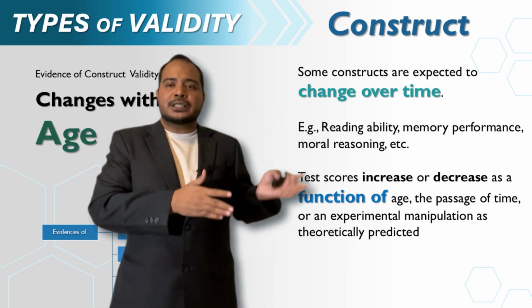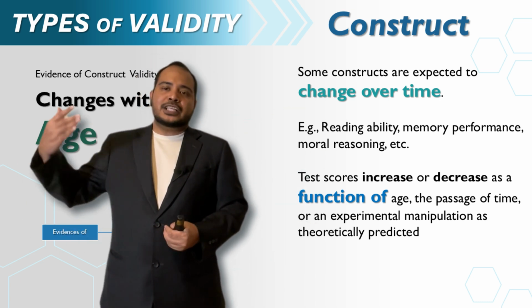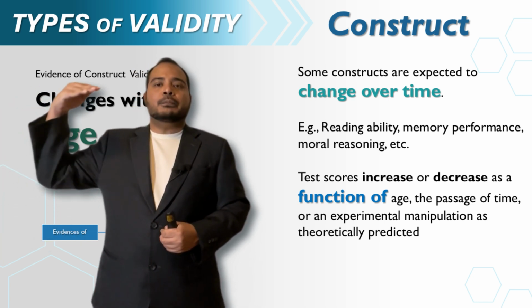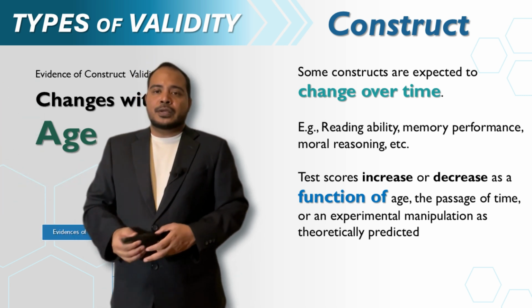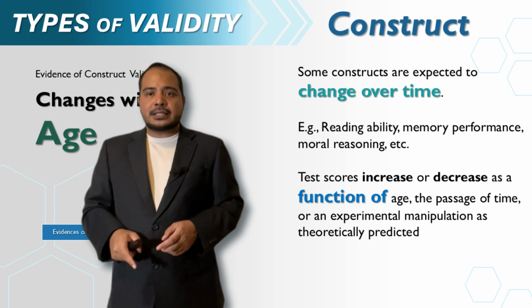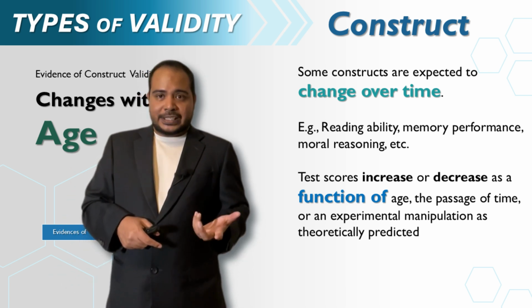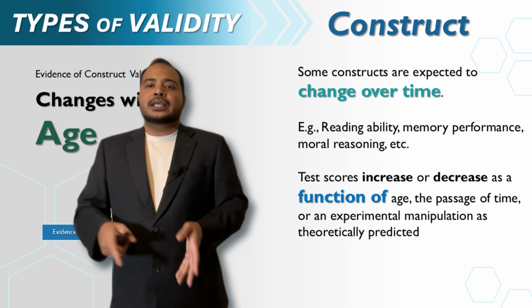So if the person's score is 50 at the age of 16, we expect that at the age of 21 the level of intelligence will improve, for example 90 or 100. So the test score increases or decreases as a function of age. Okay, changes with age. So what tells us about these changes is the theory.